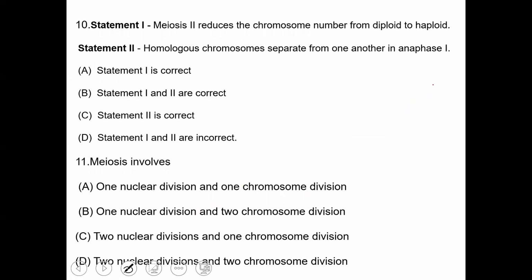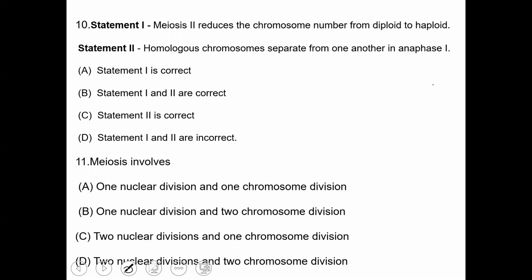Okay. Next question. Statement 1 is meiosis 2 reduces the chromosome number from diploid to haploid. And statement 2 is homologous chromosomes separate from one another in anaphase 1. So which statements are correct and which are incorrect is the question asked here.